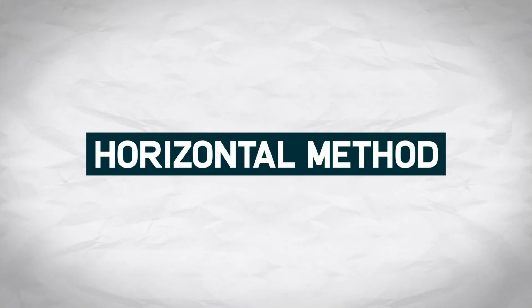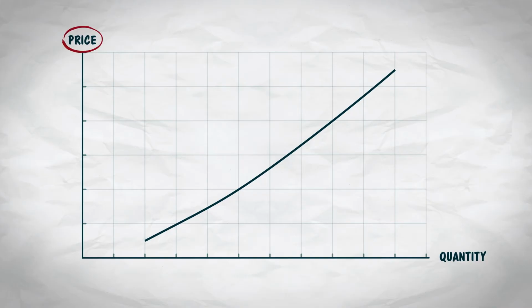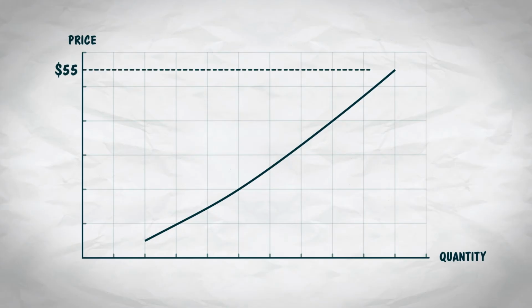Now, let's discuss the two ways to read a supply curve. We'll start with the horizontal method. To use the horizontal method, start with the price, say $55 per barrel, and read horizontally over to the supply curve and down to find that at that price, suppliers are willing and able to supply 50 million barrels of oil per day.